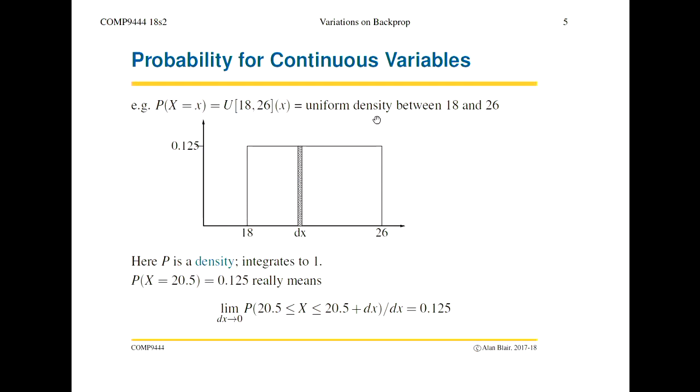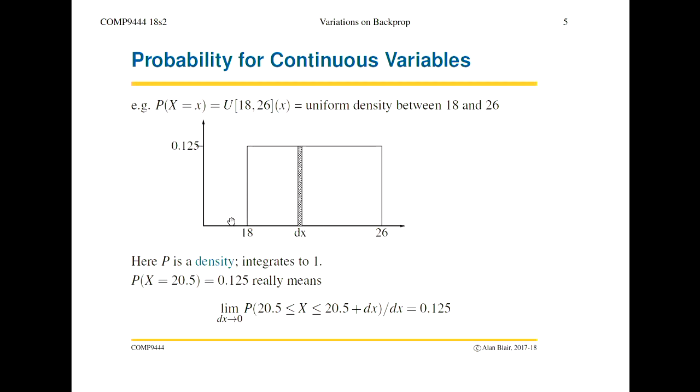Now, if we have continuous variables, then it doesn't really make sense to say the probability of something being exactly equal to a certain value. So let's say that we have a uniform variable distributed between 18 and 26. We draw this probability distribution so that the total integral is 1.